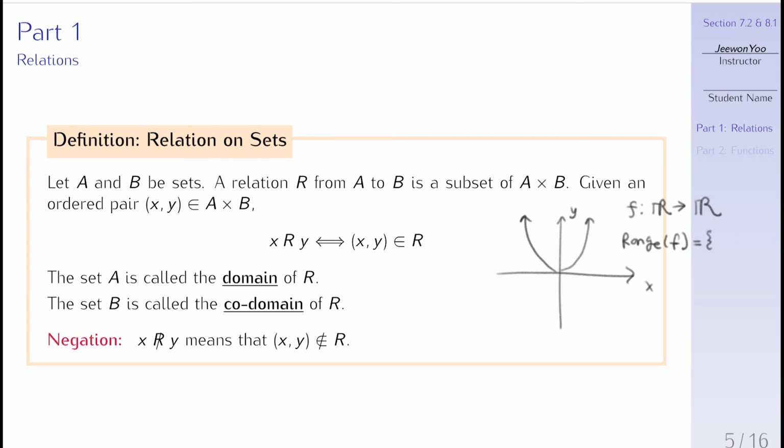Did you notice that the range is actually smaller than the whole real line, right? So that's why the range is actually a subset of the codomain R. We should not say range is always equal to R, okay? All right, move on to the example.